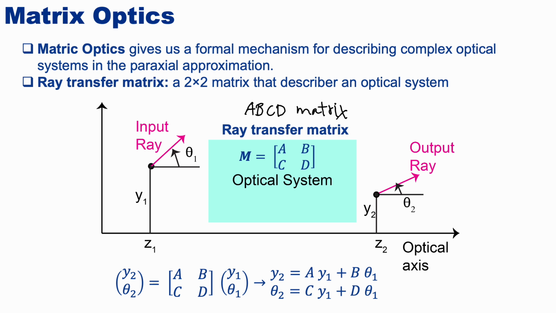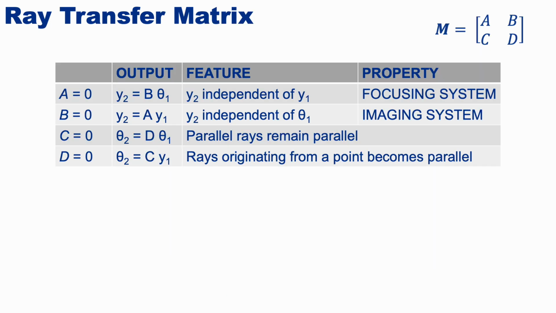And the idea is that both the height and the angle in the output ray depend on the initial or incident angle and height, based on the elements of the matrix. So there are some particular cases that are really relevant. So remember, our output is going to be equal to my matrix A, B, C, D, and then my input value.